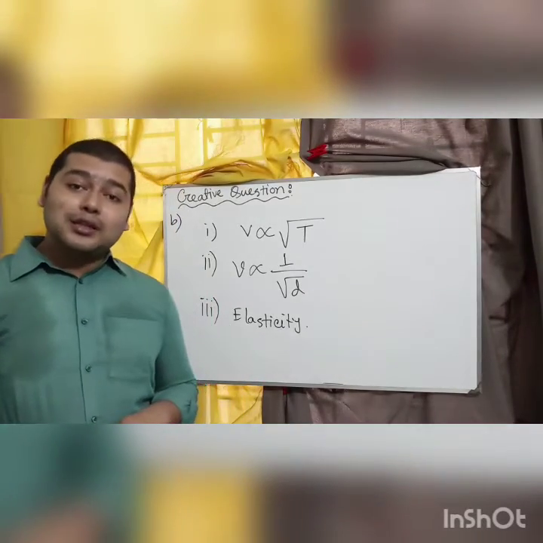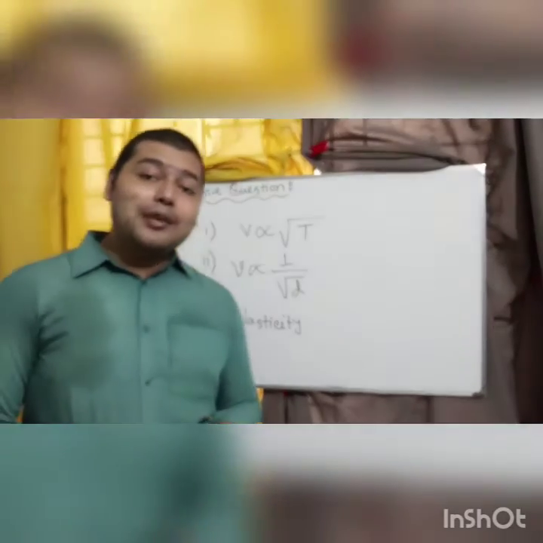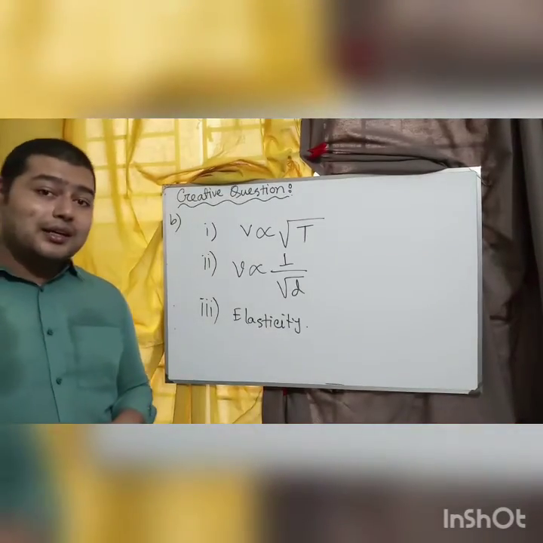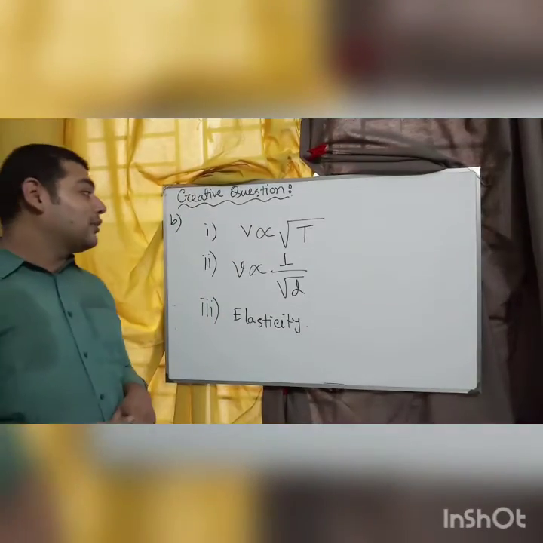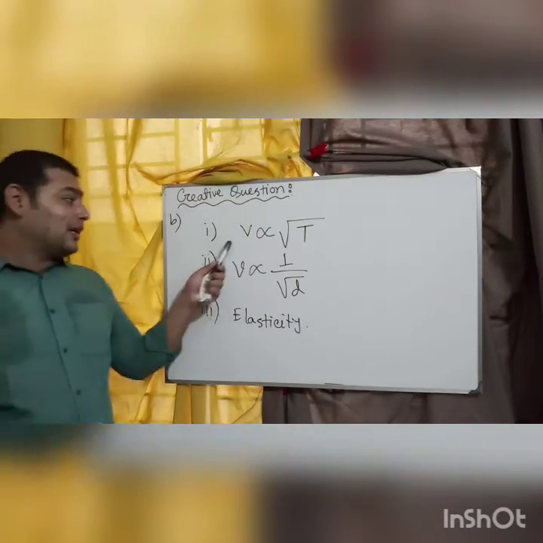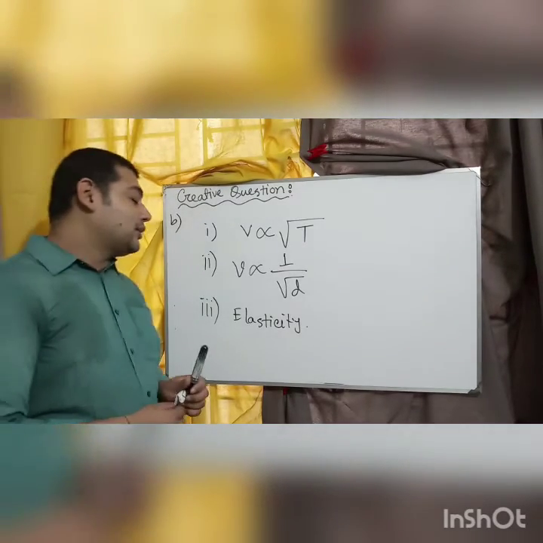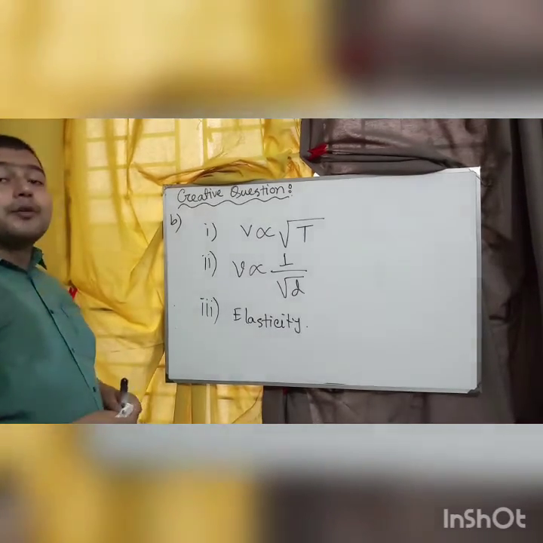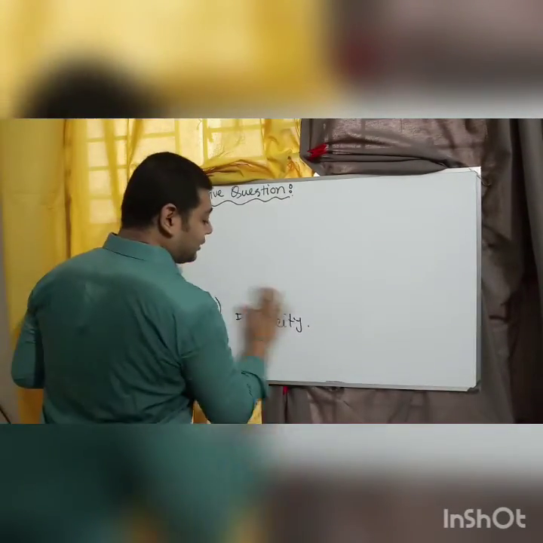So we can say that if the elasticity is increased, then the velocity of sound is also increased. So our velocity of sound varies in these 3 ways. Okay, so this is our answer for B. Now question number C.